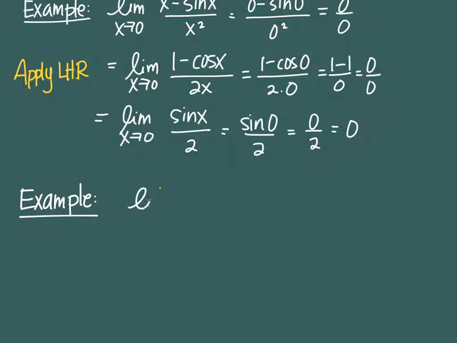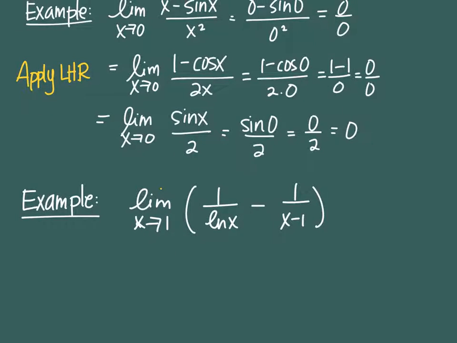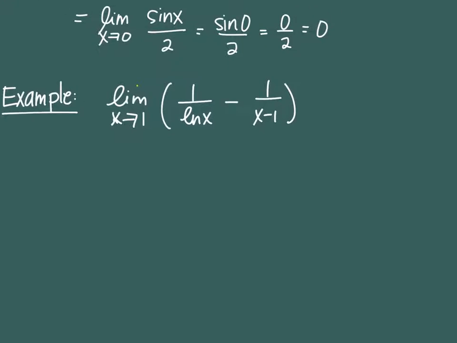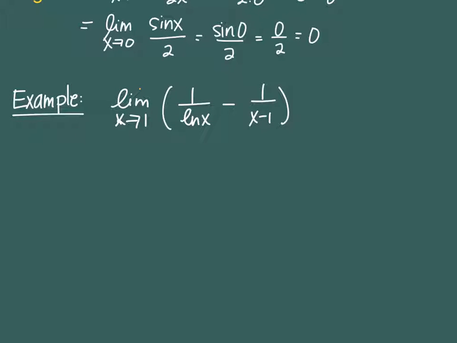So let's do the limit as x approaches 1 of the quantity 1 over the natural log of x minus 1 over x minus 1. By direct substitution, we get 1 over ln 1 minus 1 over 1 minus 1.